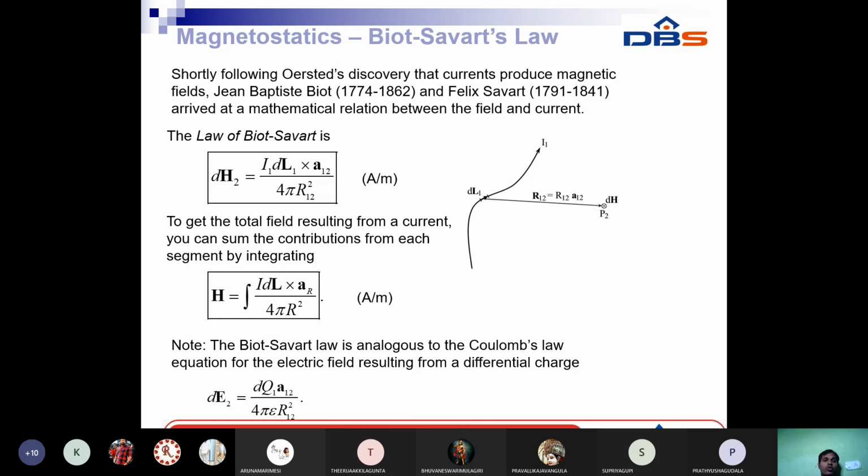From this I require only H, so let us integrate on both sides and we get H equals the integral of I dl cross AR divided by 4 pi R squared, where I is the current, dl is the differential length of the conductor, AR is the unit vector along the direction of dH, and 4 pi is the constant.